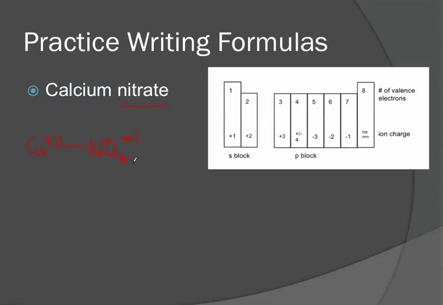So we end up with Ca1, which we don't write. And now something important, NO3. We know it gets a 2. We do not just change it to NO2. We need to say that we have 2 of those NO3 ions. So we have to put in parentheses NO3 and put the 2 outside. So calcium nitrate is Ca(NO3)2.